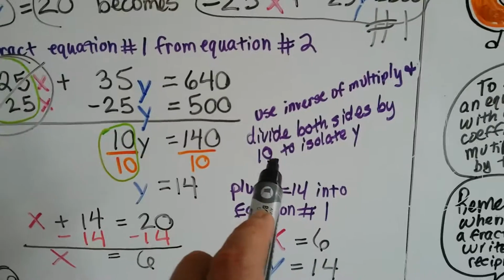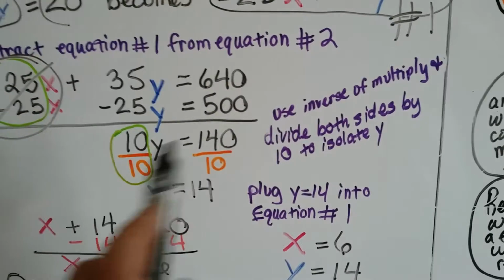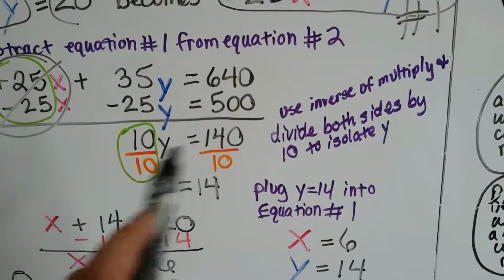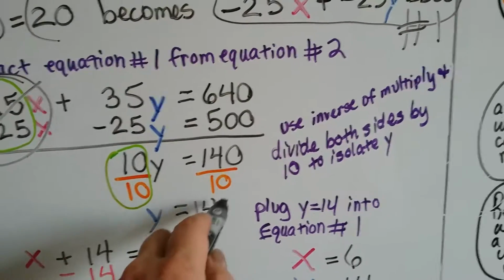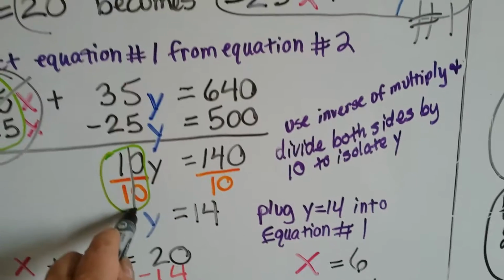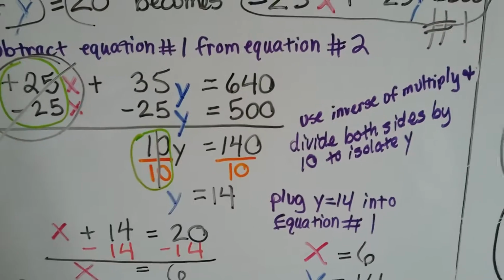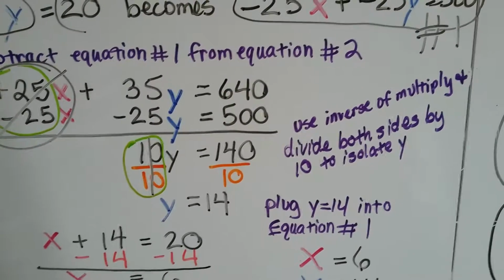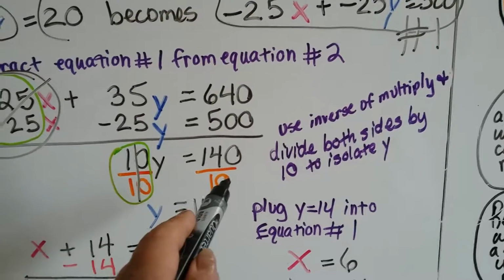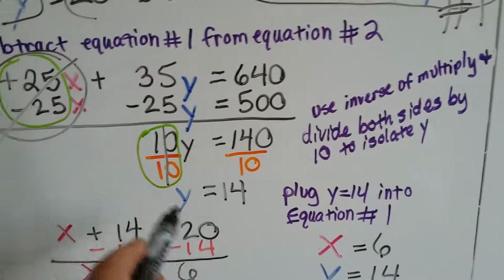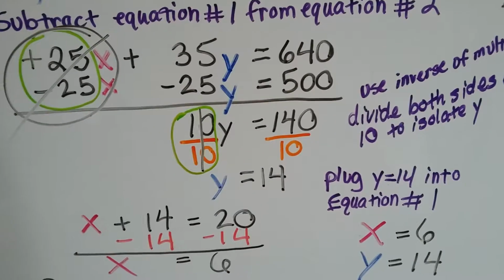So we're going to use the inverse operation of multiplication to divide both sides by 10, and we divide this side by 10 and that side by 10, and what ends up happening is 10 over 10 is 1. When the numerator and denominator are the same, it equals 1, doesn't it? So now we have y by itself on this side, and 140 divided by 10 is 14. So now we have y equals 14.